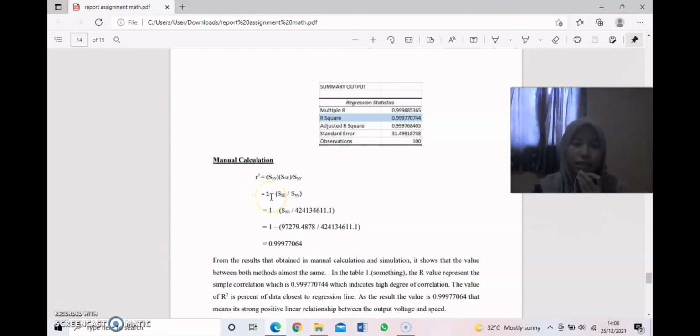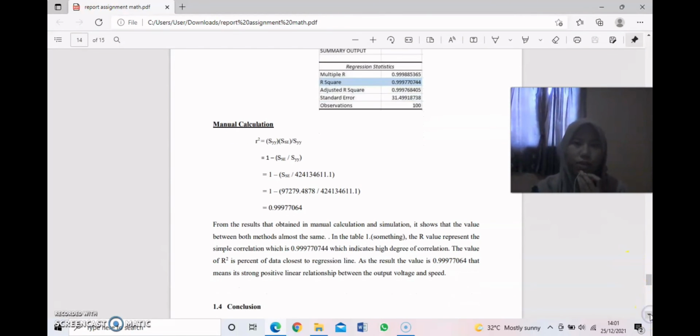We insert the values for SSE and SYY, and then we get a similar value compared with the simulation, which is 0.999777064. So we conclude that between manual calculation and simulation, the values from both methods are almost the same. So we also can conclude that the result shows a strong positive relationship between output voltage and speed.